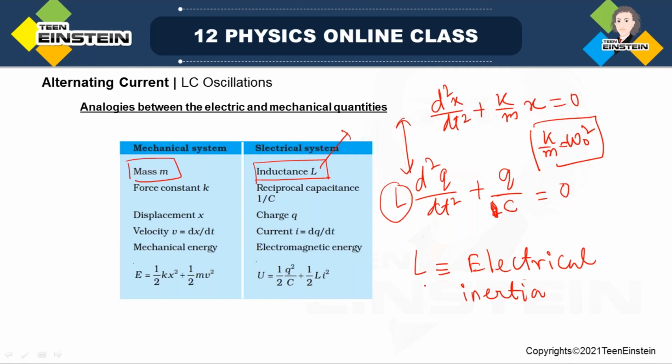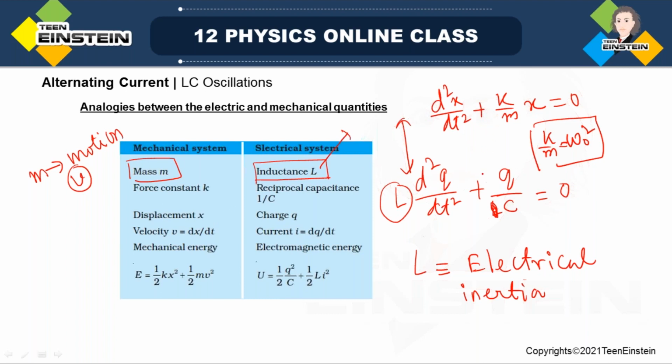So why is it called inertia? Because it opposes the change in the current in the circuit. So that's why, as you know, in the mechanical system, m opposes the motion, or opposes the change in velocity. In very precise language, m is the inertia which opposes the change of its state of motion or rest.